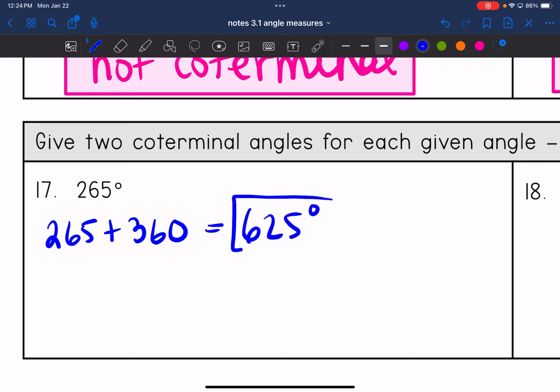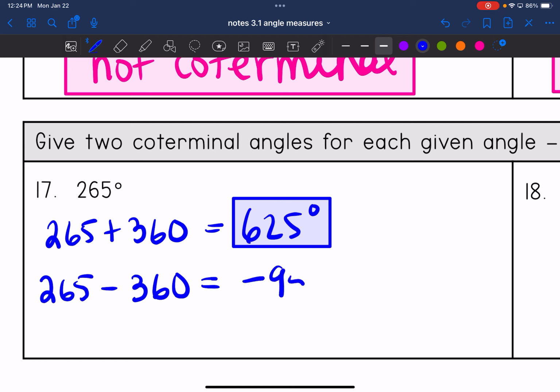So 625 would be a coterminal angle. So that's the positive one. They said that they also want a negative. So let's try subtracting 360. 265 minus 360 gives me negative 95. So all 3 of those angles, the original plus these 2, all of them would look like the same angle.